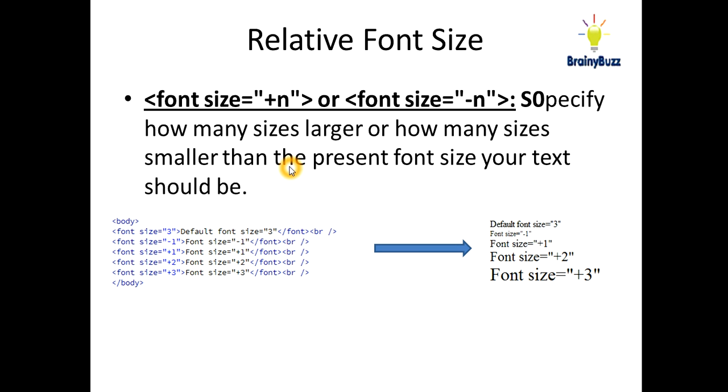Another thing, you have the relative font size. Here we use the plus or minus symbols. They basically specify a size larger or smaller than the present font size of the text. If you have 3 and after that you write -1, it will be one font size smaller than your current font size. Whatever font size you have currently, plus or minus 1 or 2 or 3 will be that many font sizes bigger or smaller than the current one.